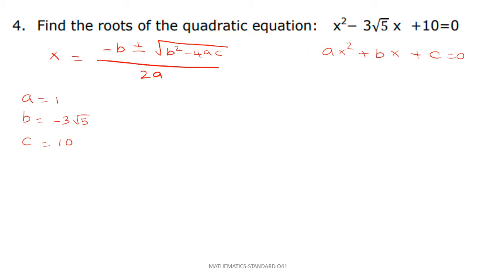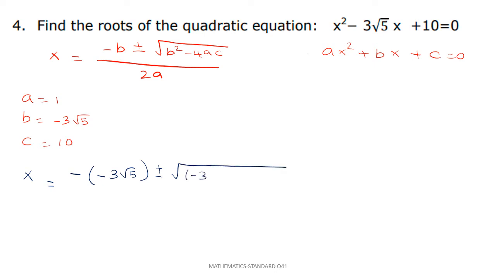So after finding the values, now let's substitute them here. So x equal to minus, this minus is which is in the equation already, minus 3 root 5, plus minus root of b squared.